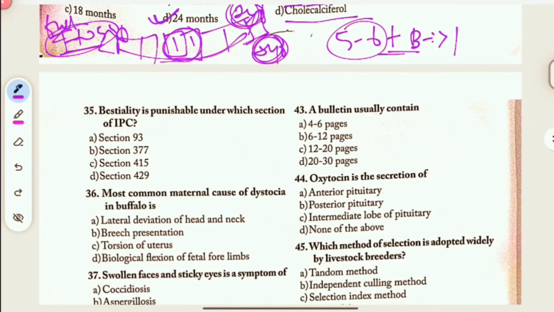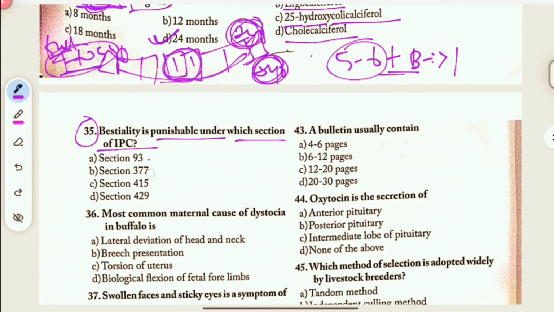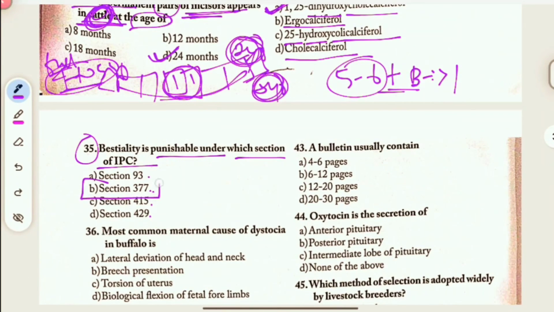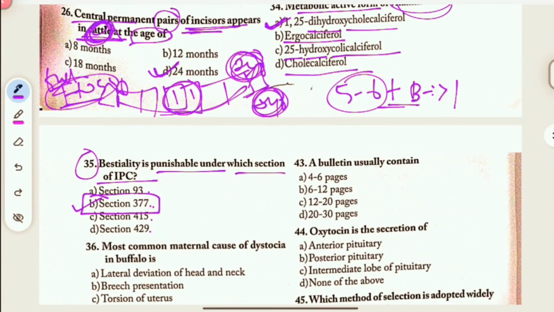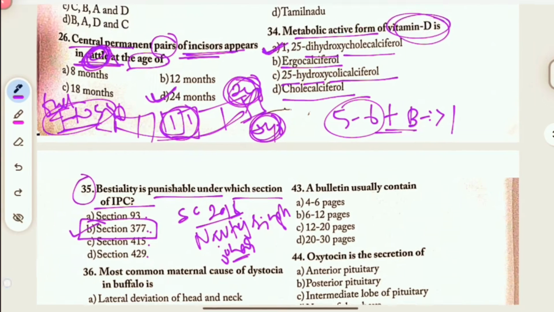Now question 35 says bestiality is punishable under which section of IPC? Section 93, section 377, 415 and 429. This is a very well known section, that is section 377. Actually, in 2018, in the case of Navtej Singh Johar, the Supreme Court held that it decriminalized consensual same-sex relations.